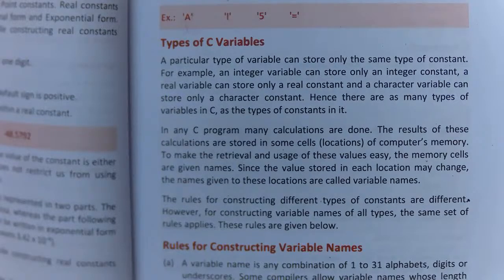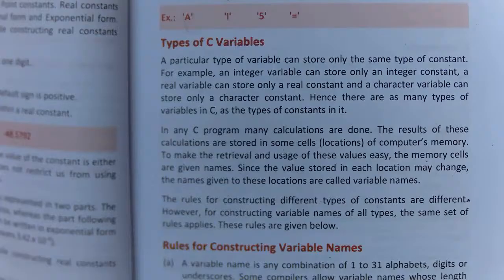If you write char, it will save only characters. A real variable stores only real constants and a char variable stores only characters.